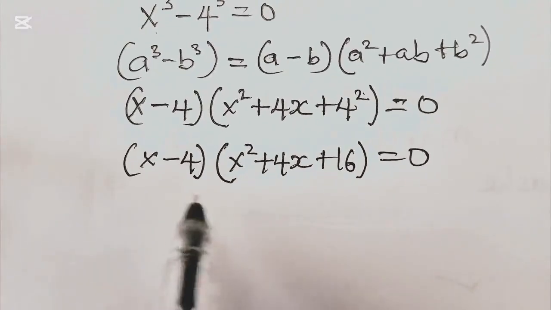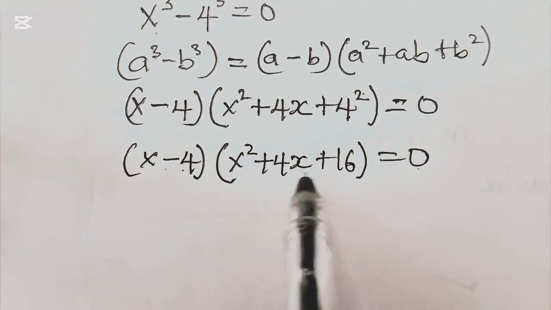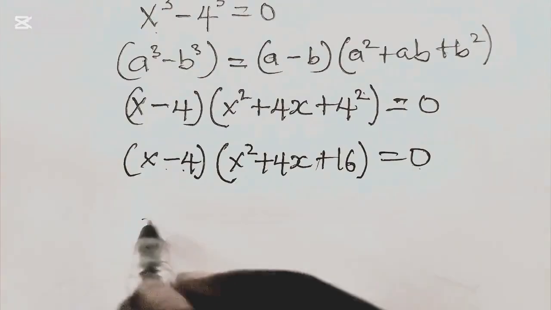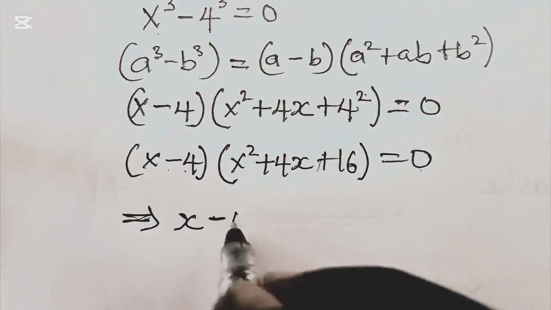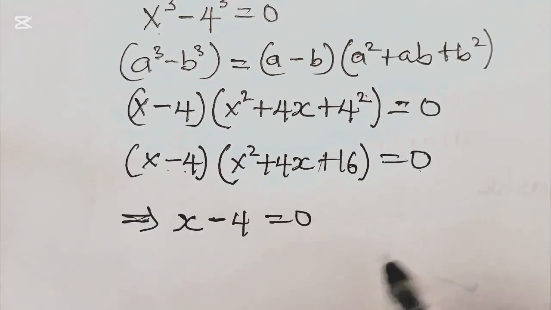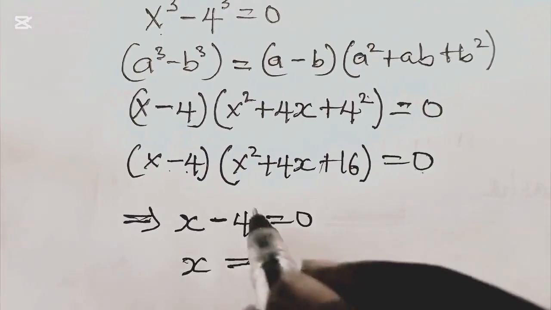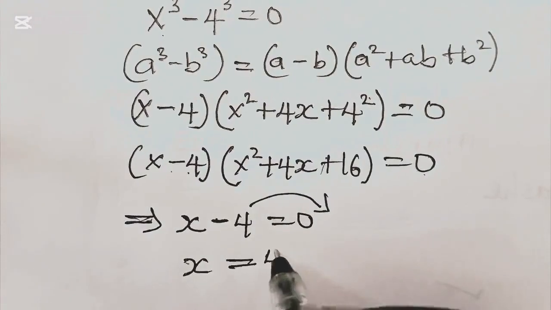What this implies is either x minus 4 is 0 or x squared plus 4x plus 16 is equal to 0. So let's write, if x minus 4 equals 0, it means our x is equal to, this we move here, our minus 4 becomes plus 4.